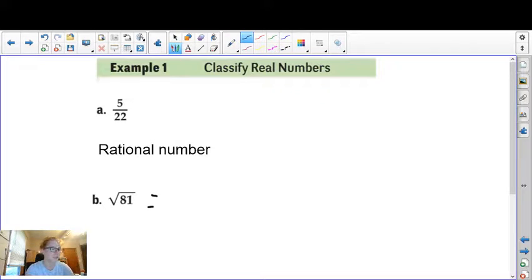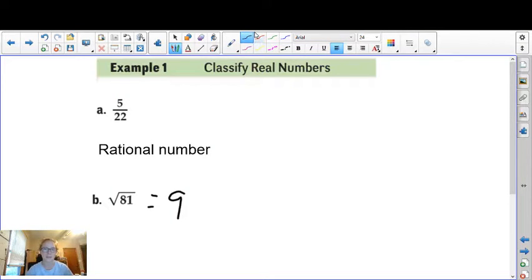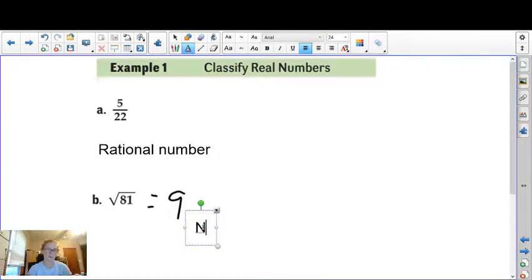The next example is the square root of 81, but we know the square root of 81 is also equal to the number 9. So even though you think it should be in the irrational number category because it's a square root, it's still equal to the number 9. And 9 is something that I can tangibly see in nature. So this is a natural number.